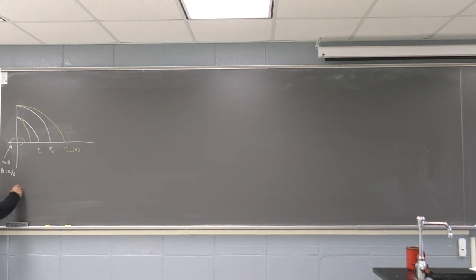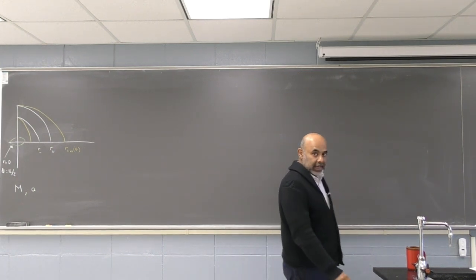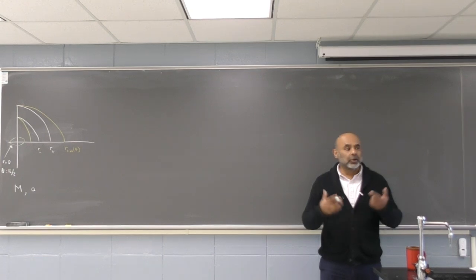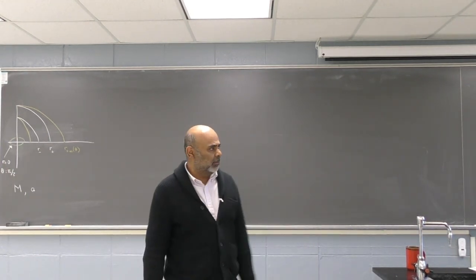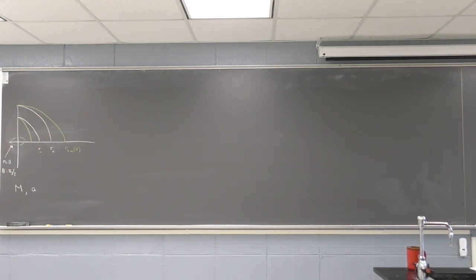Kerr geometry, as you know, is described by two parameters, m and a. We have shown yesterday that m stands for mass, and a, I have alluded that it is an angular momentum quantity. And slowly we'll get clarity on this as well.